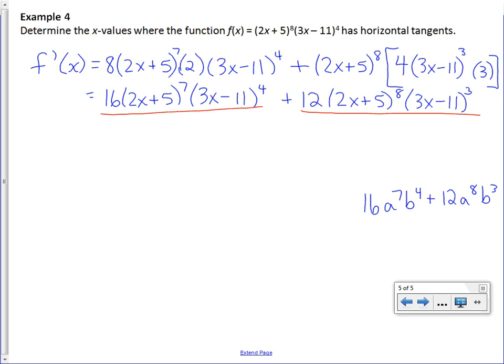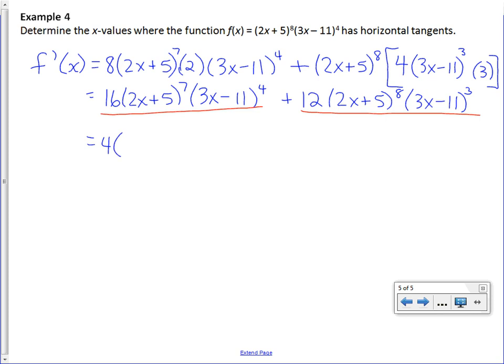Because it's a pattern. So what pieces are in common? I'm not going to bother doing this. I think we can do it. So remember, even though it's complicated, there's really just 3 chunks to each piece, so three parts of each product. There's the numerical part, the coefficient part, the 2x plus 5 part, and the 3x minus 11 part. So let's examine each of those in turn and take out what's in common. From 16 and 12, what's in common with 16 and 12? 4. So I take out a 4.